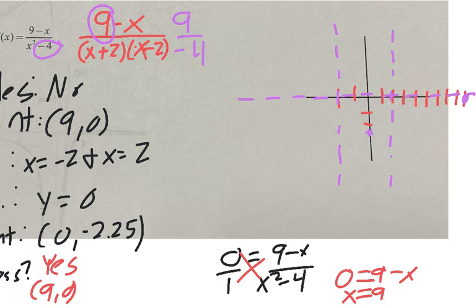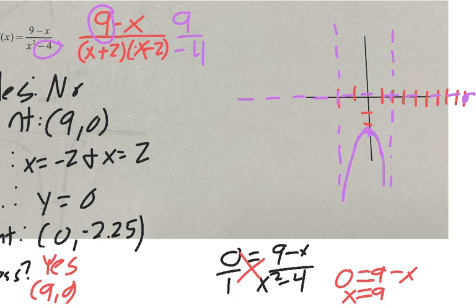Does it ever cross my horizontal asymptote between -2 and 2? No. So it can't go up here, right? So that means it has to be tending towards that vertical asymptote. And then on the left side, can it go up here again? No. So it has to go down.